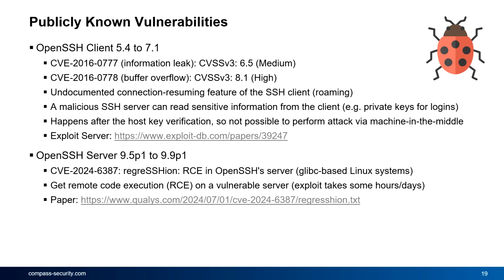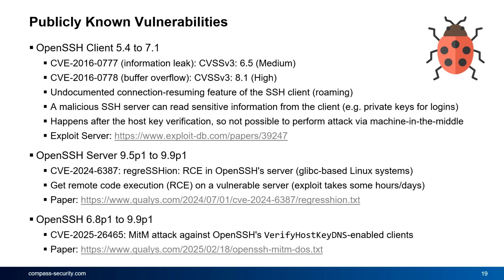To successfully exploit this, it takes some hours or even days. And then there was also, one year later, a vulnerability disclosed by Qualys, where the OpenSSH client did not correctly handle the host key verification if this was done via DNS.